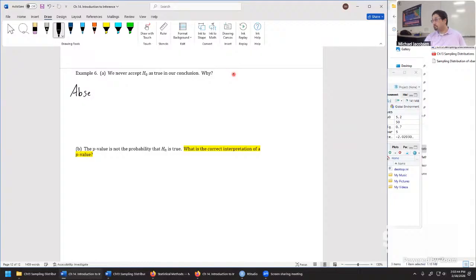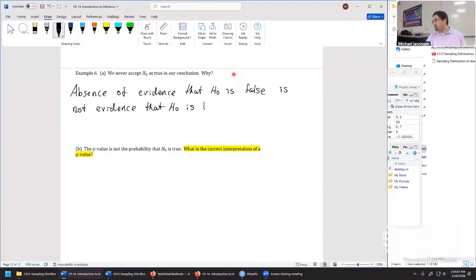Absence of evidence that H naught is false is not evidence that H naught is true. Because if we fail to find evidence that H naught is false, that does not mean it's a true statement.